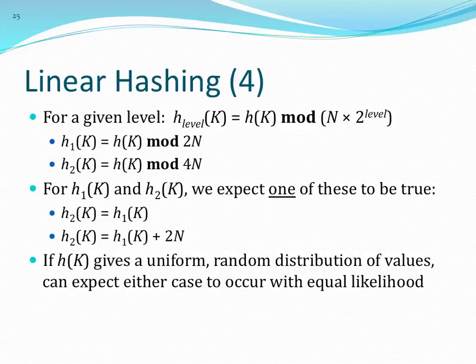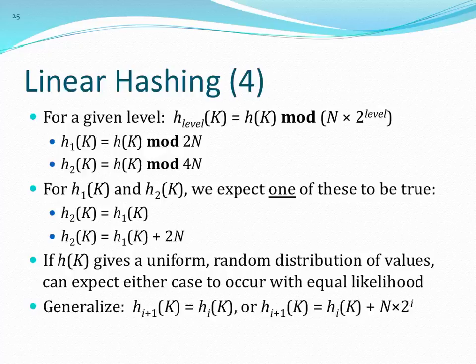And if we have a happy hash function and happy data that distributes uniformly and so forth, then we would expect these things to occur with equal probability. Either the two hash functions are going to generate the same value, or the one hash function is going to generate a value that is 2n more. And that's going to happen basically 50-50.